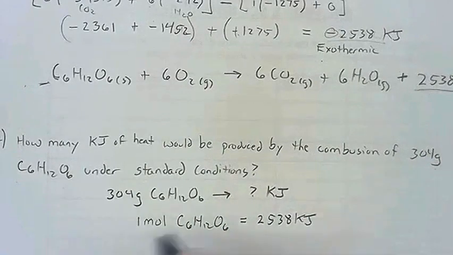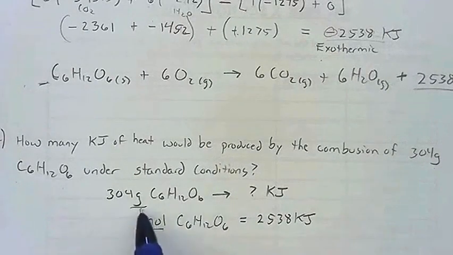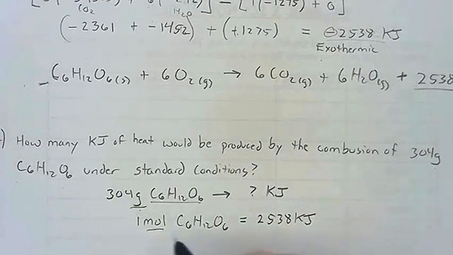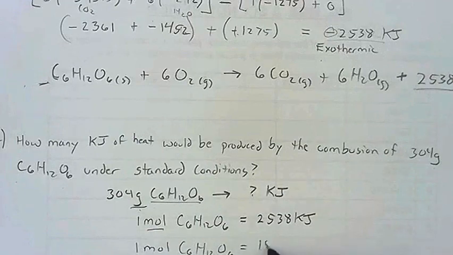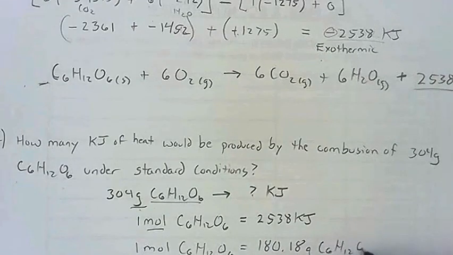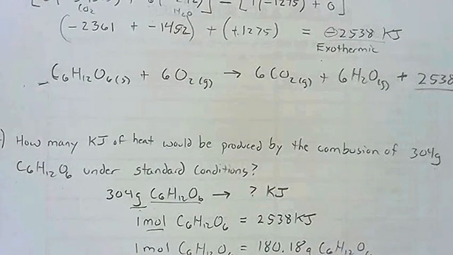And I also know, since that is grams, I need to be able to get from grams to moles. I need to have the molar mass of C6H12O6. And 1 mole of glucose is equal to 180.18 grams of glucose. And that's 6 carbons, 6 oxygens, and 12 hydrogens.